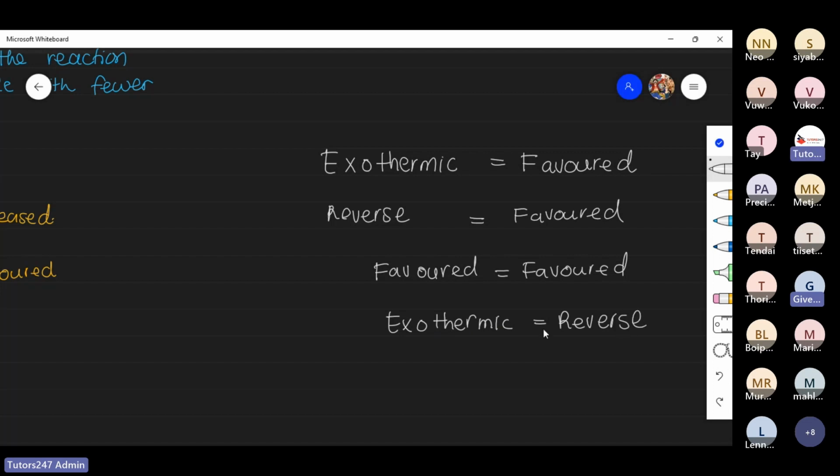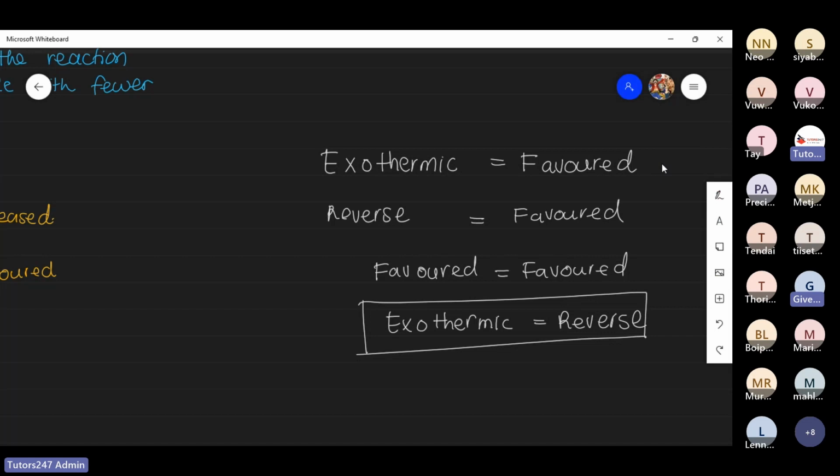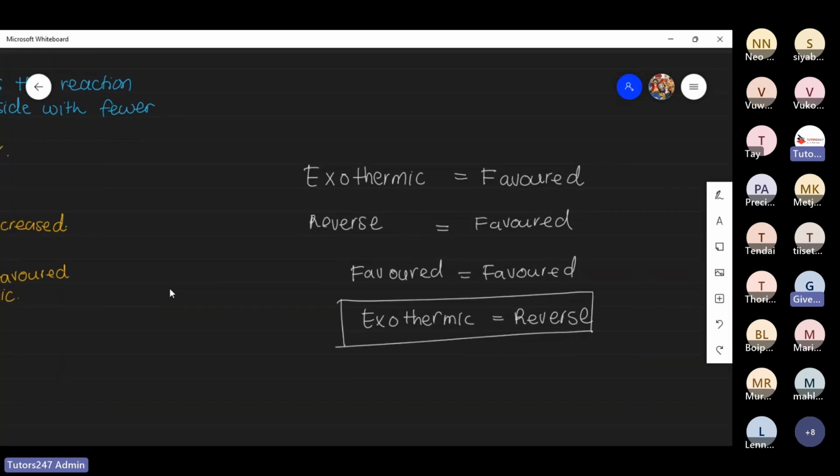So does that not make the exothermic reaction the reverse reaction? Whether you want to think about it in terms of math, or remember your rules, which would be a more English perspective, it doesn't matter. As long as you can understand that the reverse reaction is being favored, and because there's a decrease in temperature, it means that the exothermic reaction is being favored.